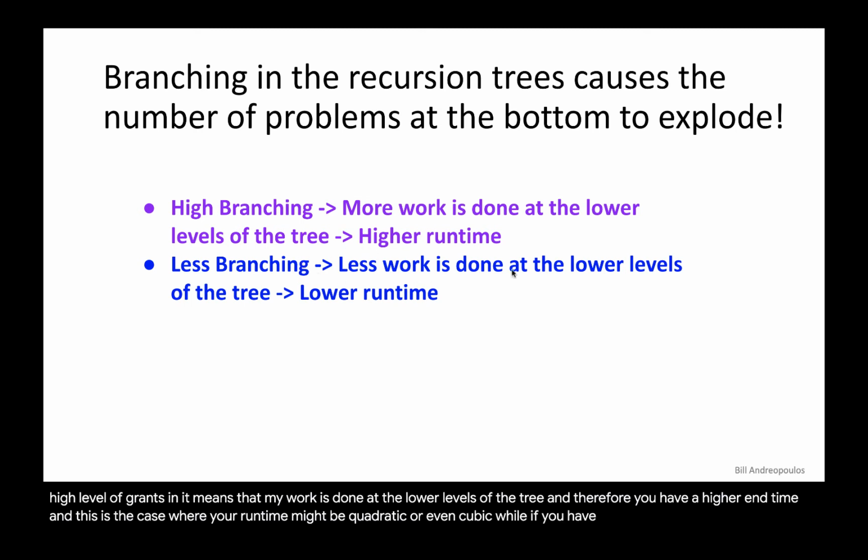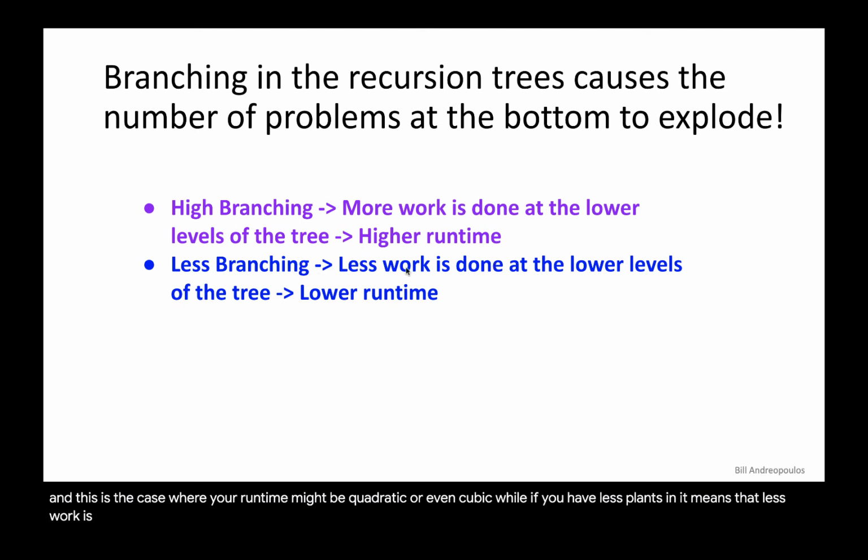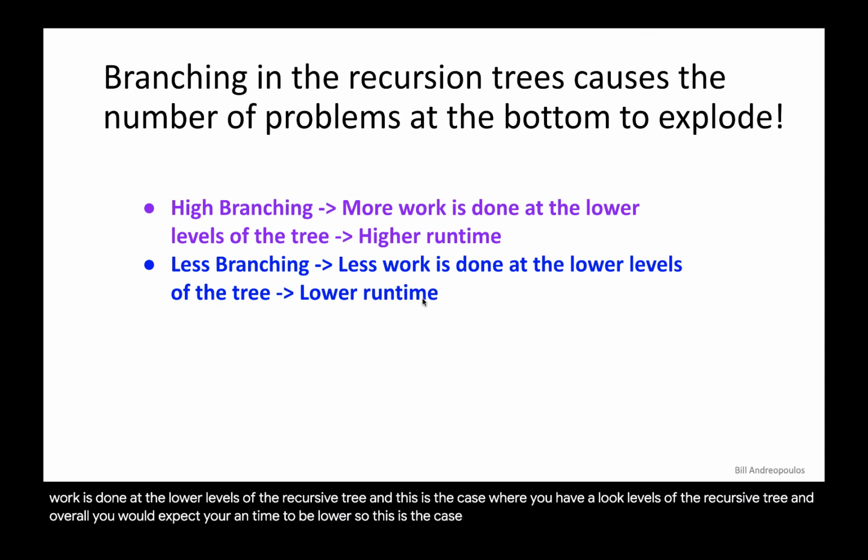While if you have less branching, it means that less work is done at the lower levels of the recursive tree. This is the case where your overall runtime will be dominated by the top levels of the recursive tree, and overall you would expect your runtime to be lower. So this is the case where you might find algorithms that are O(n).